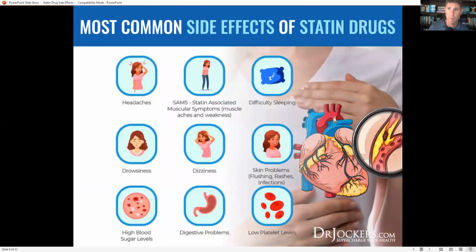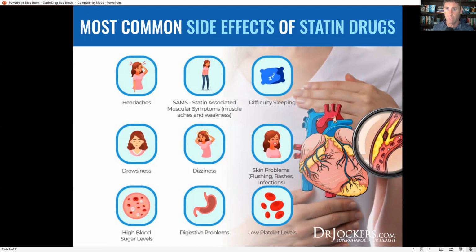So again, most common side effects of statin drugs: headaches, statin-associated muscular symptoms, which is called SAMS, muscle aches and weakness. A lot of people get extreme muscle pain, and sometimes they will even get muscle loss, right? Because they're taking these medications, they are getting weaker and they're not exercising because they're in pain and they just feel fatigued and weak.